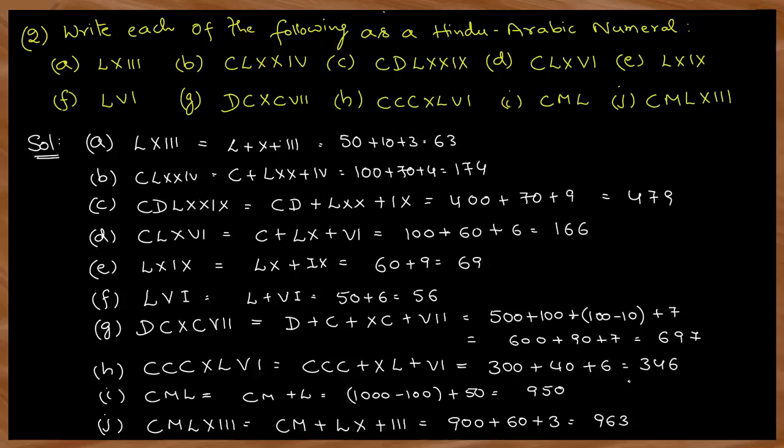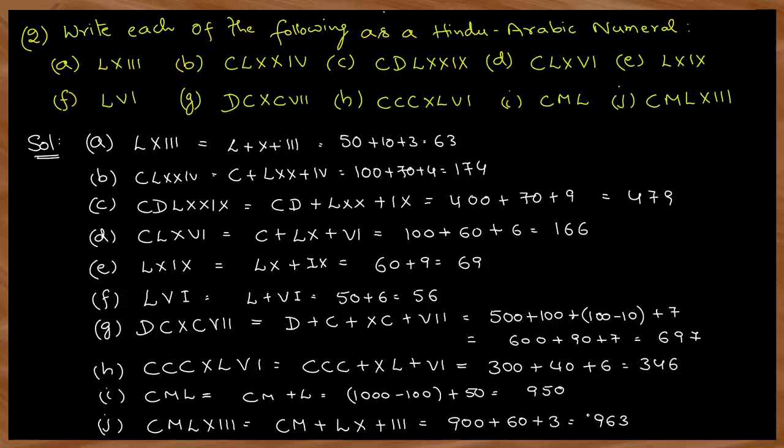It is 346. Here CML means you have to subtract 100 from 1000, which is 900, plus 50, 950. Here also 950 plus 13 here. So it is 963.